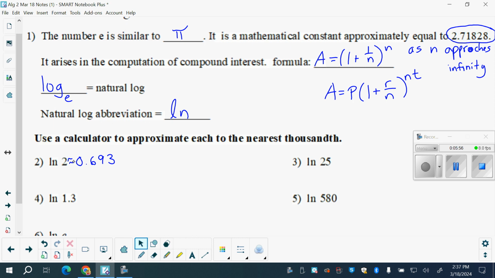It's a natural log, so it's right next to this one. It's ln. It doesn't say log e. It just says ln. Yeah, a number of people are having trouble with it, so we'll talk about it. That one's going to be hard.